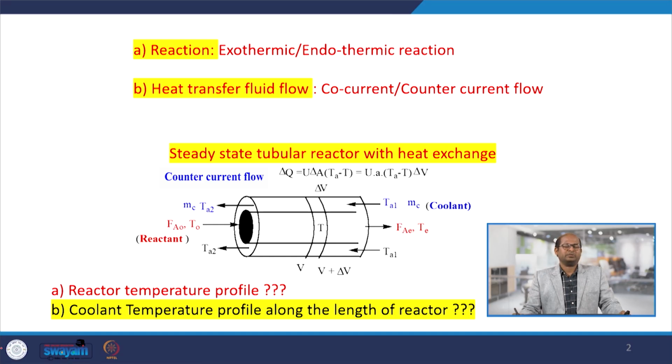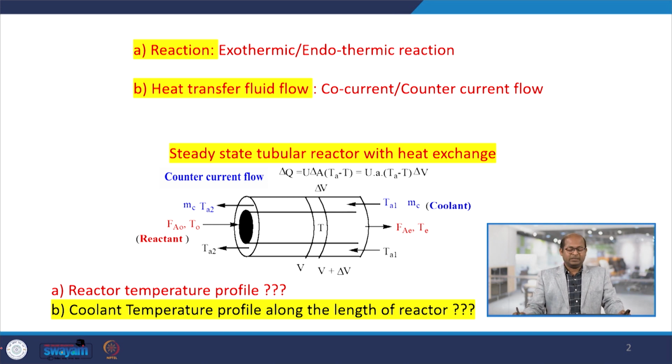Then we have to take out the heat from the reactor with the help of heat transfer fluids or mediums that flow or circulate outside of the reactor to keep the temperature isothermal or constant. Depending on the way we flow or supply the coolant, it may be co-current, counter current, or with a constant coolant temperature throughout the reactor.